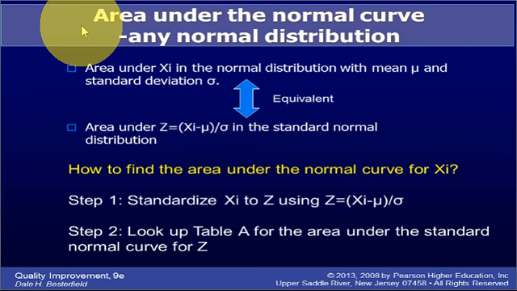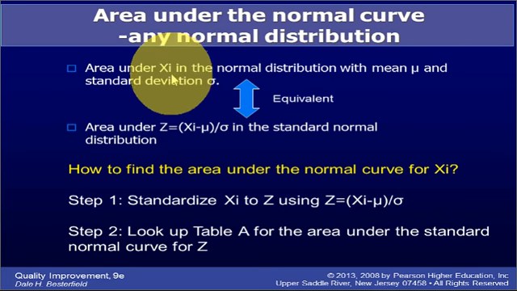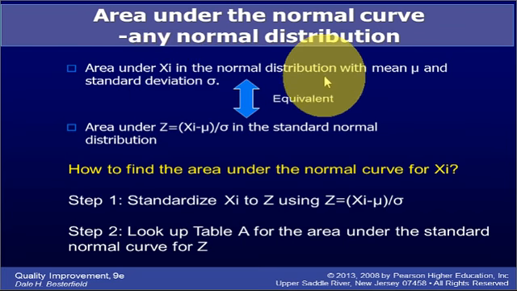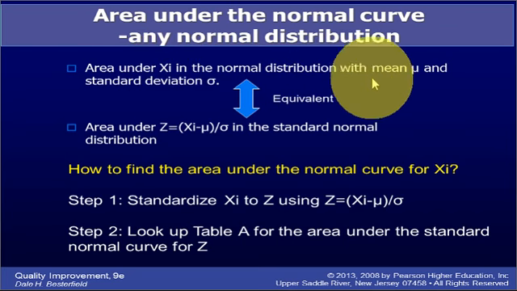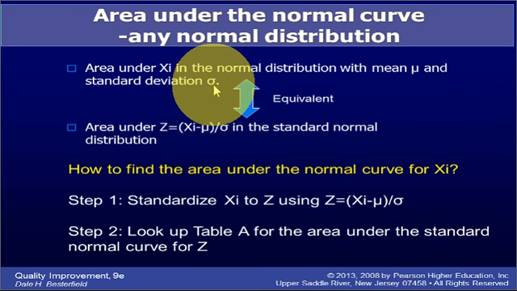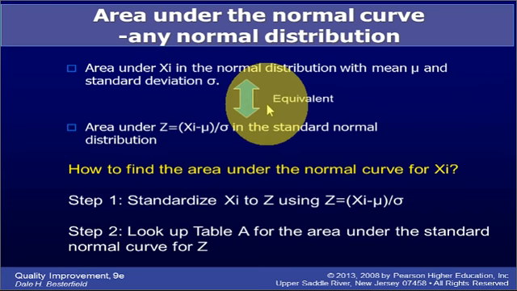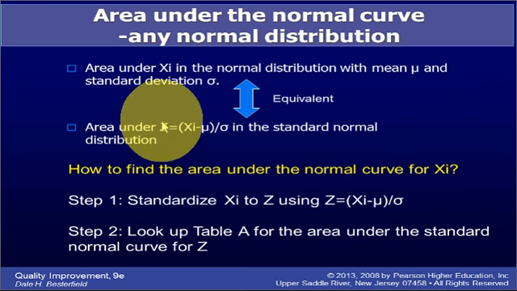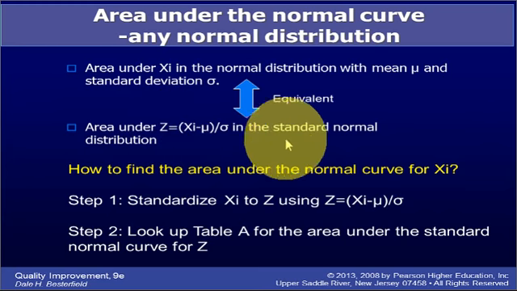If you view the vertical axis as relative frequency, that is just a percentage. The area under x_i in the normal distribution with mean mu and standard deviation sigma is equivalent to the area under z in the standard normal distribution.